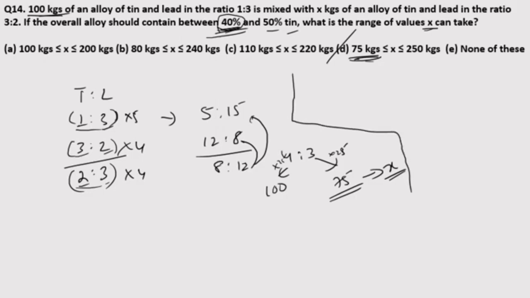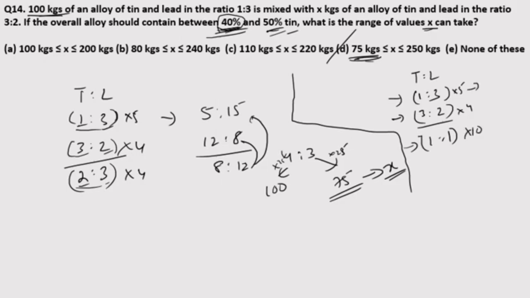Now in the second case, tin and lead, the ratio is 1 is to 3 and 3 is to 2, and finally the percentage is 50%. 50% means 1 is to 1, 50% tin, 50% lead. I'm doing it fast because I have already explained one case. So first is 4 units, second is 5 units, and third is 2 units. LCM is 20. So multiply 4 units with 5, 5 with 4, and 2 with 10.